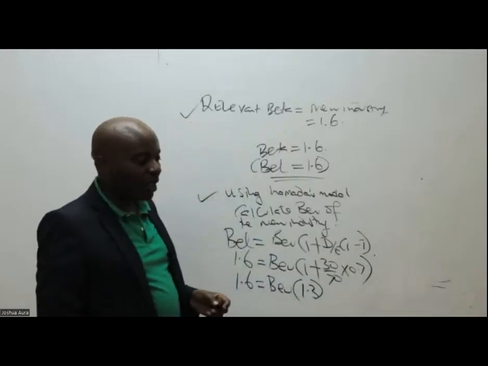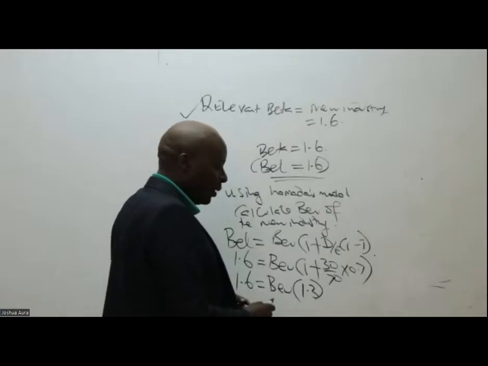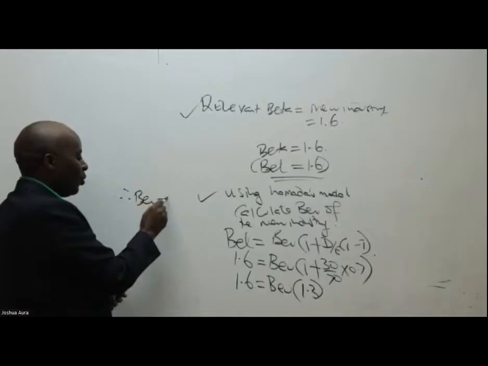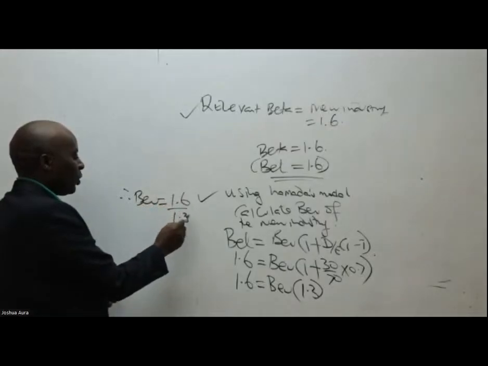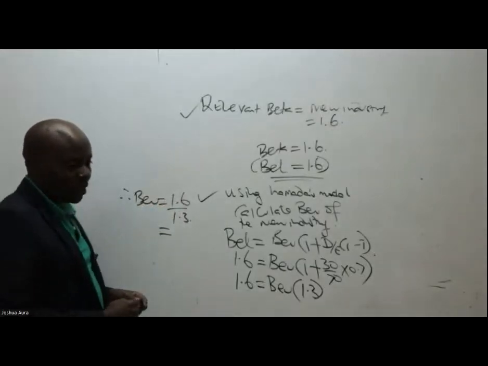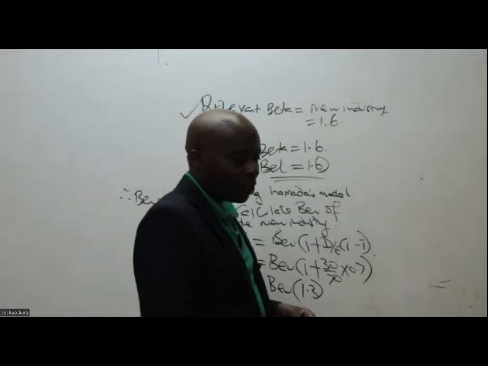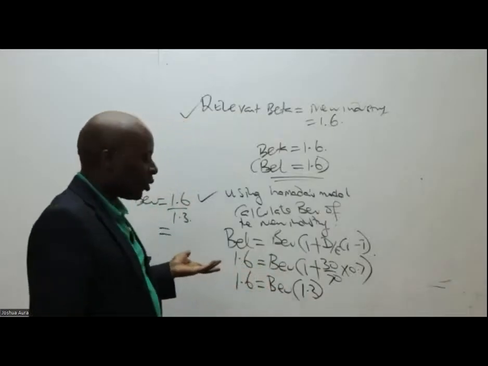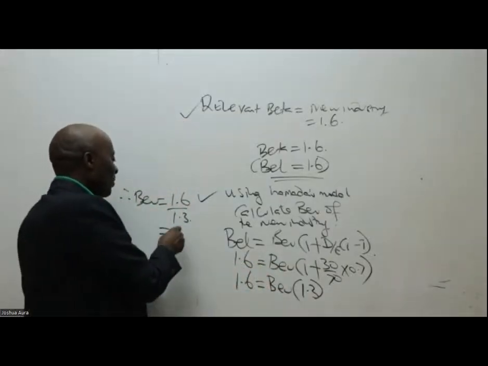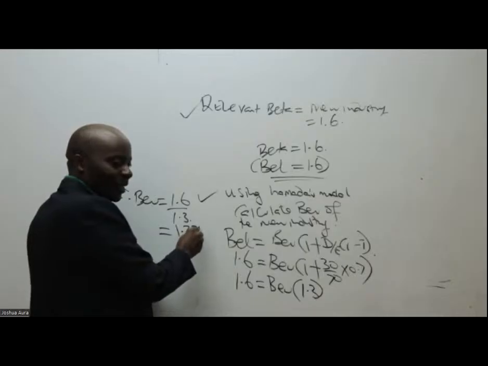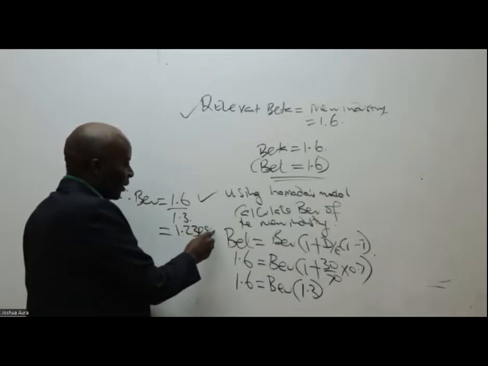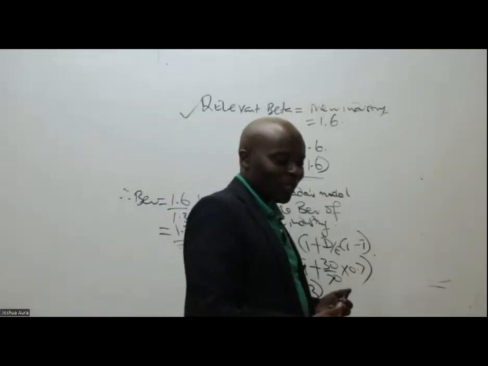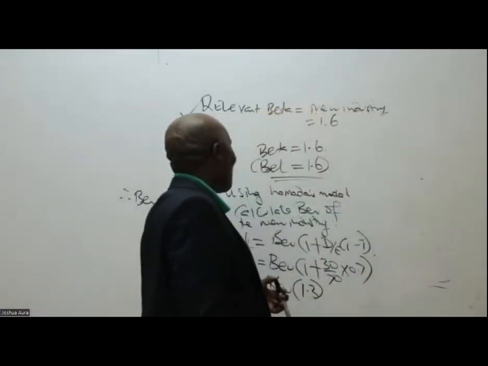So meaning that at the end of the day, my BEU will be equal to 1.6 over 1.3, which is 1.23. You got it. Thank you so much. That is wonderful.